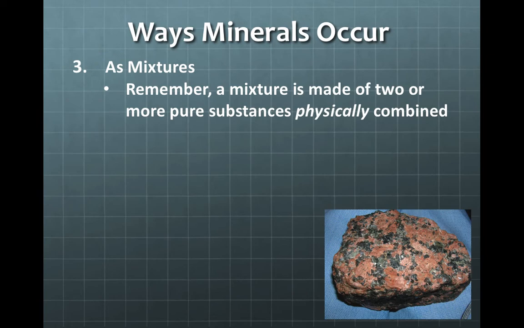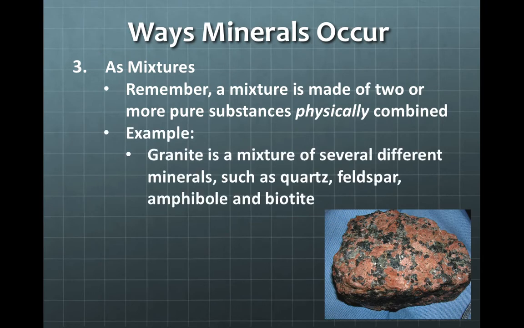But that's another story. Now, an example here is granite, this rock right here. And as you look at this rock, you can see that you have some different types of minerals in it. All these pink ones are the same mineral. And then you have these lighter colored ones in here, and you have some darker ones, okay?